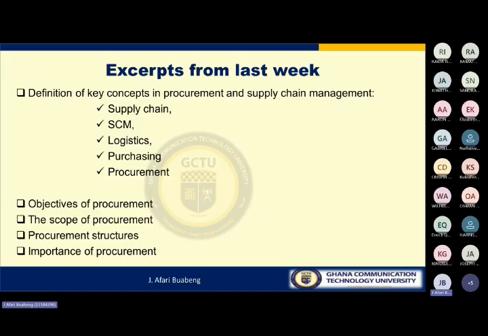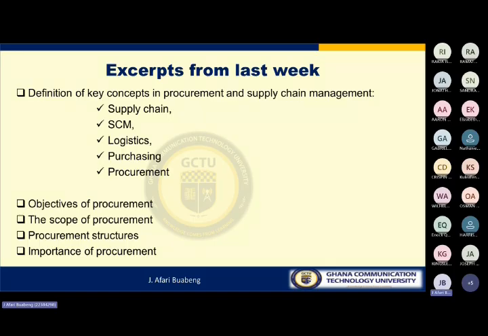And then we also looked at procurement structures. So the structures basically talk about how procurement activities have been organized. There are two major structures. We have what we call the centralized procurement structure.